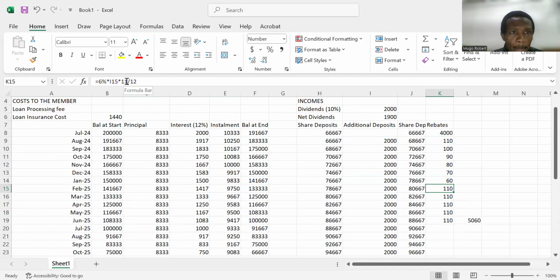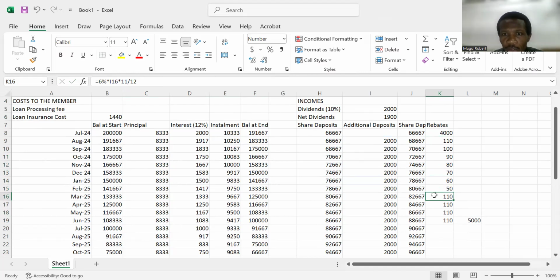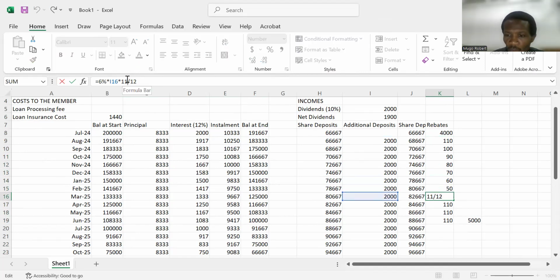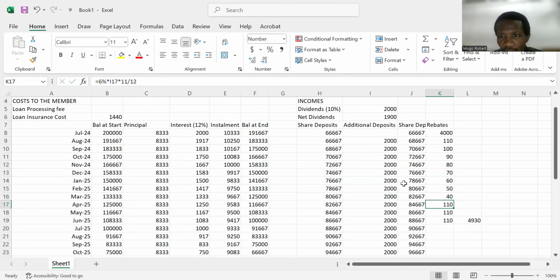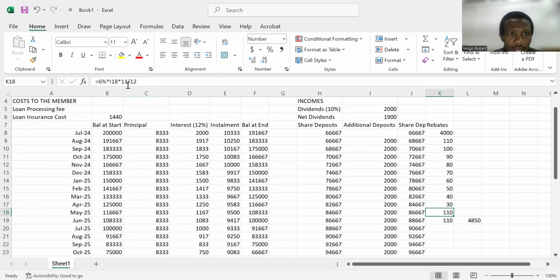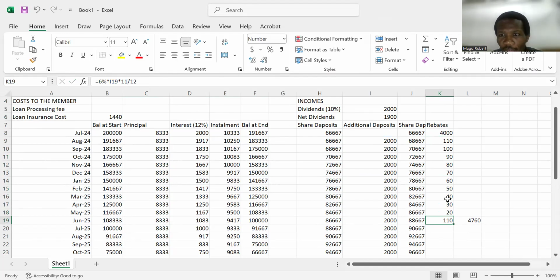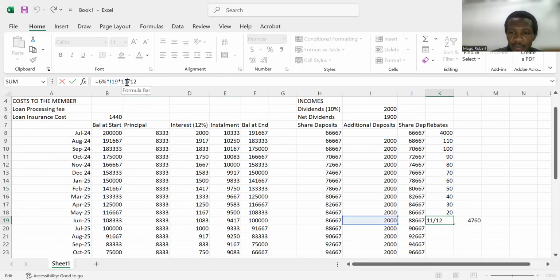The next is 5 months. The next one is 4 months. The next is 3 months. The next is 2 months, and deposits for the end of that year will earn interest for 1 month.